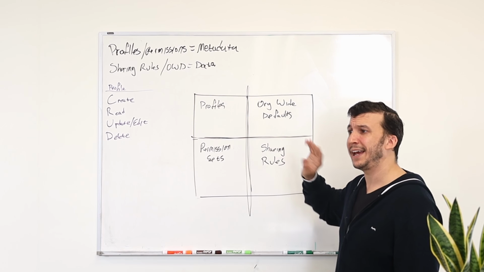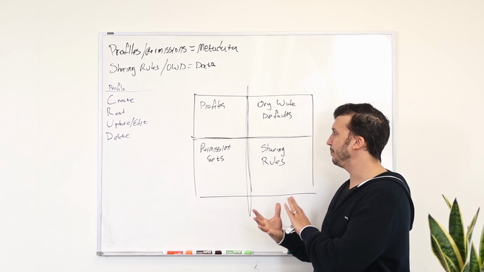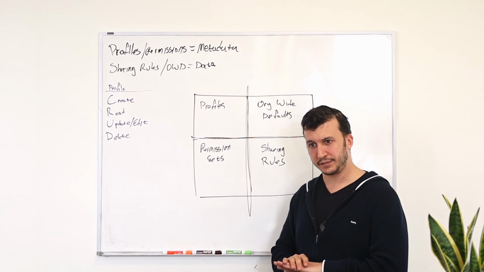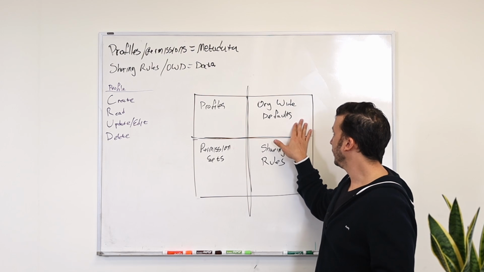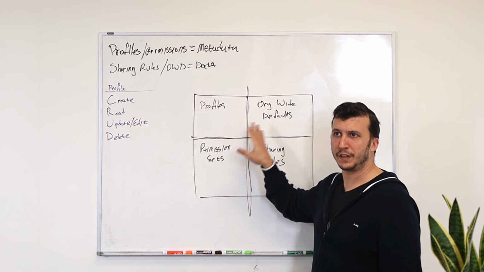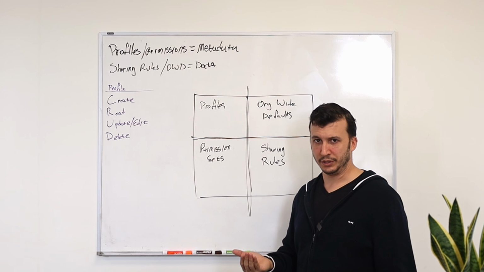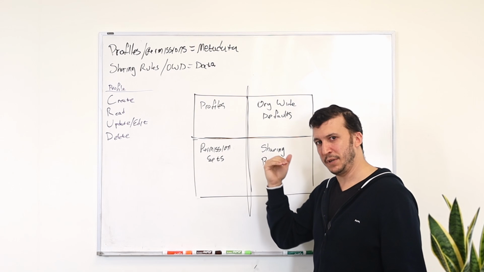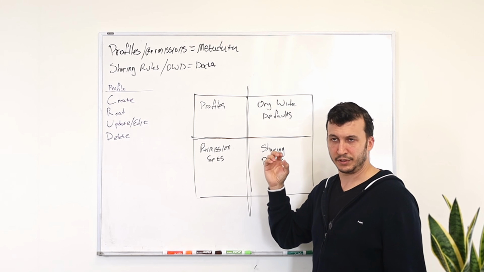So if there's anybody or set of people in the organization that should not have access to something, or should have private access to it, they should only see the stuff that they own, the org-wide default has to be private because you're going to take it down to its minimum, to its most restrictive version.